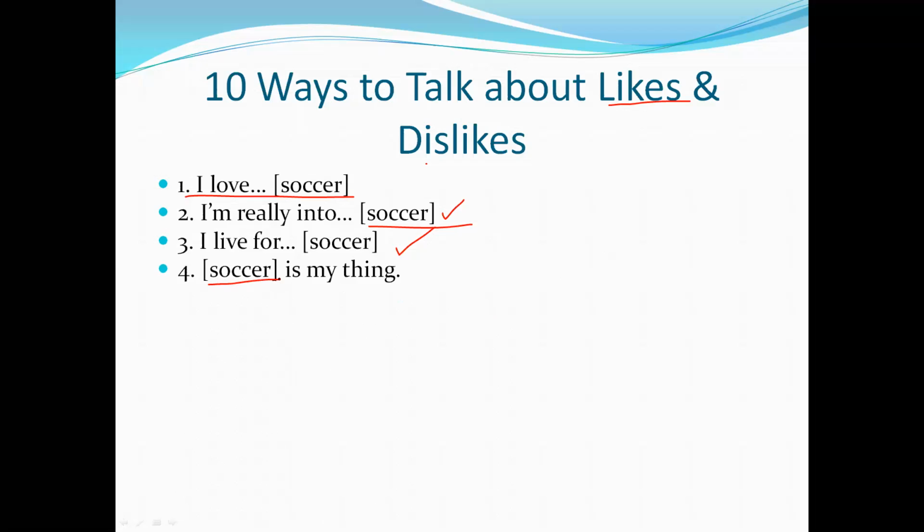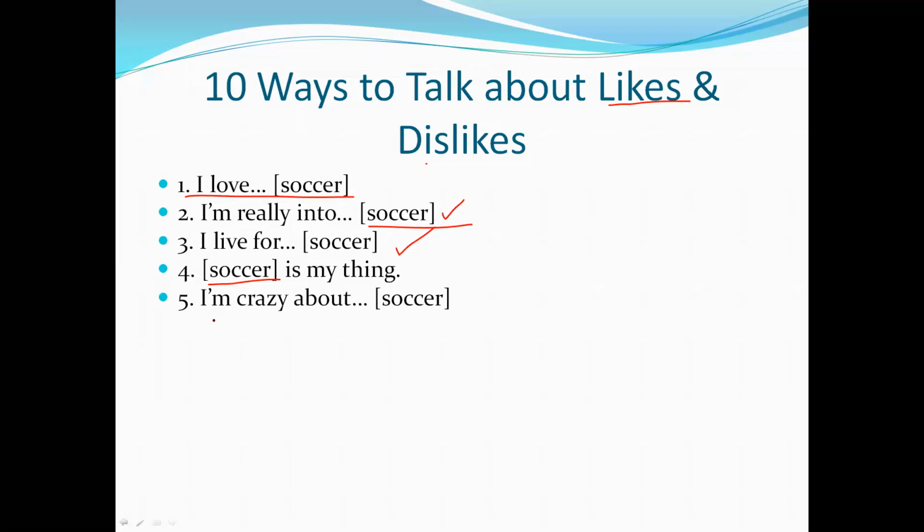When you say "Reading is my thing," it means that you like reading most. Similarly, think about the things or the habits or the actions you like, and accordingly try to make sentences and use them for talking with your friends or someone else when you are using English. At that time you can try to use such phrases.